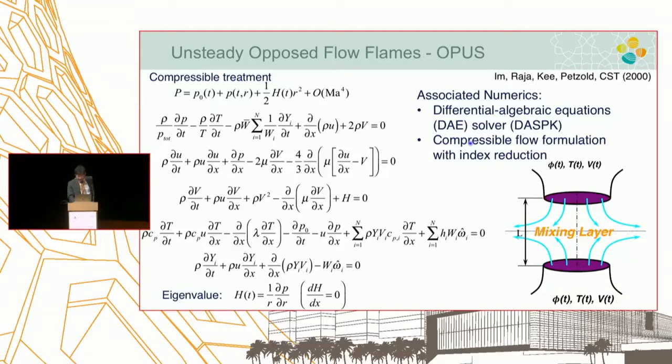Once you do that, the whole equation system becomes a differential algebraic equation system, and that requires the DAE solver. More on that discussion later. So this was kind of a mathematical computational trick to play.